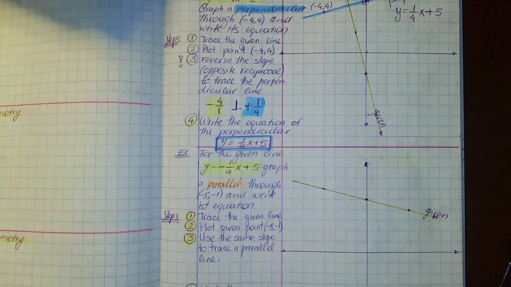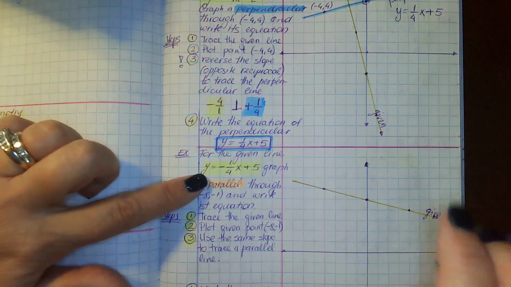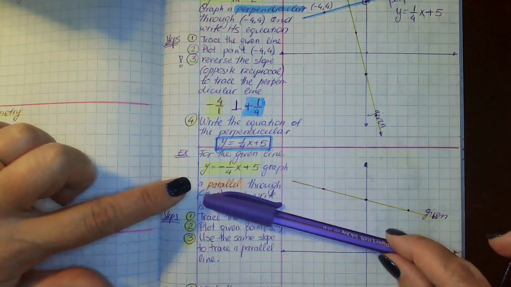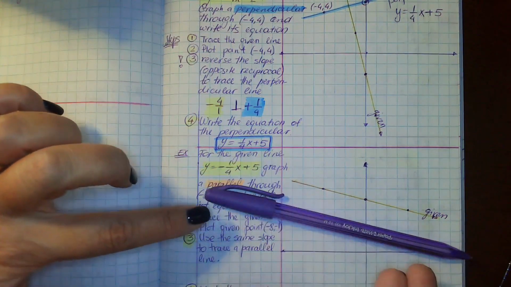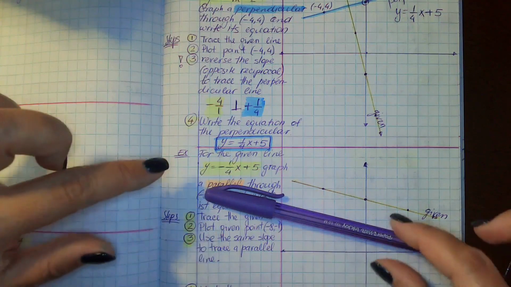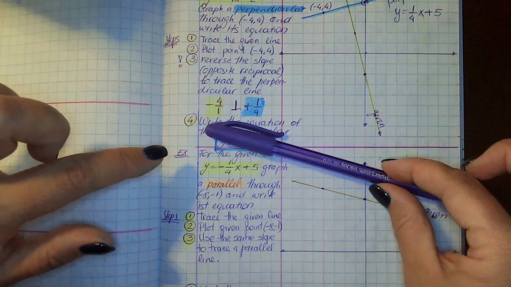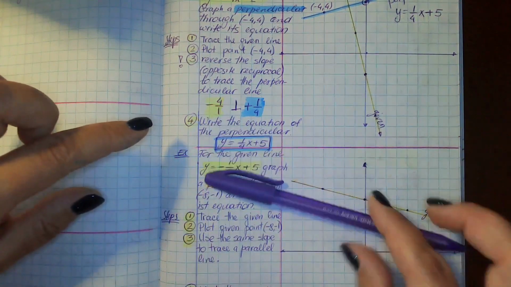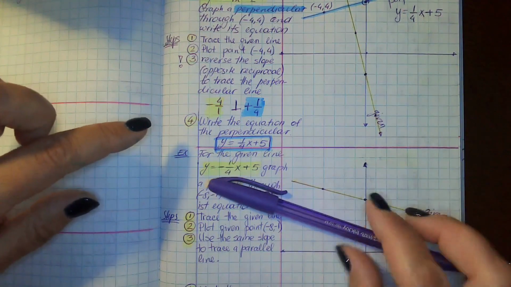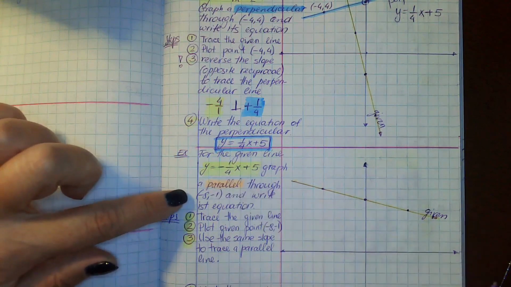Parallel lines never intersect. Parallel lines go side by side, never crossing. Well, if parallel lines have to go side by side, never crossing, they have to go the same direction. Parallel lines will all line up following the same slope. They're all going to go down to the right, and they're all going to have the same tilt, so they're all going to have that negative 1/4 slope.